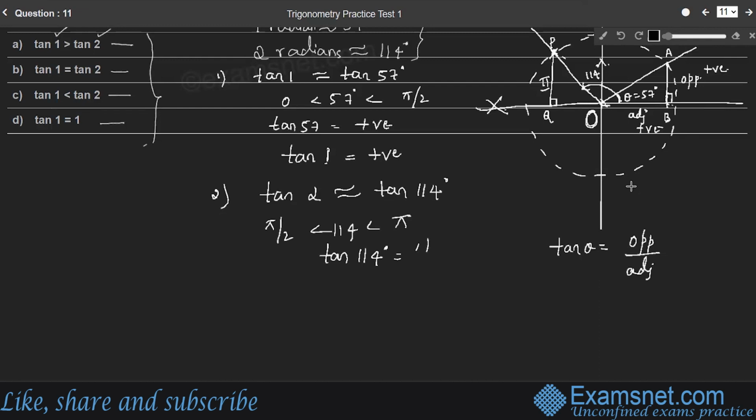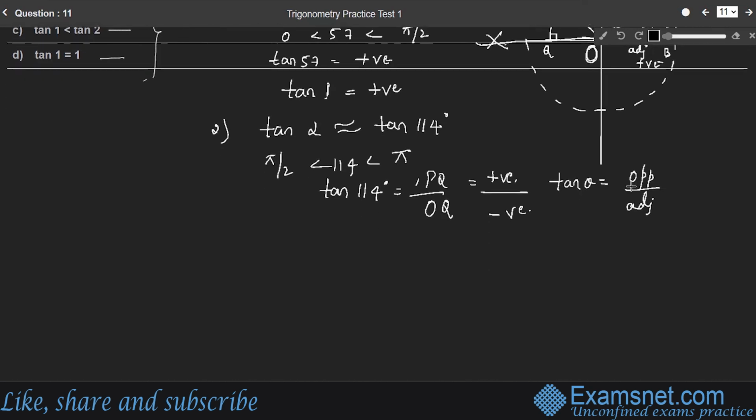So here PQ by OQ is tan 114 degree and PQ is positive, right? Because it is along the positive y-axis, and OQ is negative, because we are measuring the distance OQ along the negative x-axis. Therefore, tan 114 is negative, right?